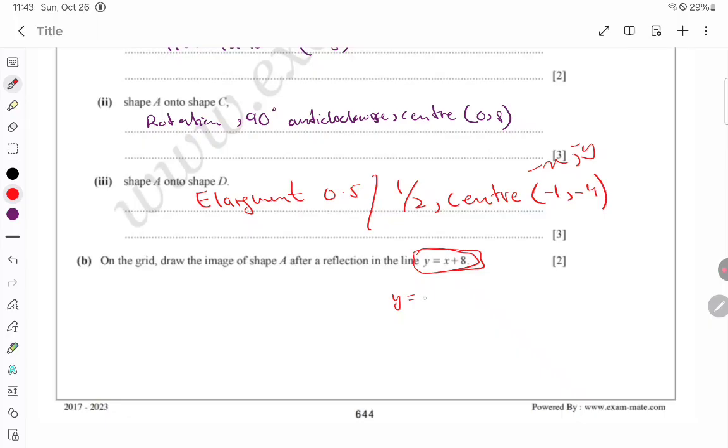The y-intercept will become 8. The intercept of x will become negative of 8, as this is our constant.